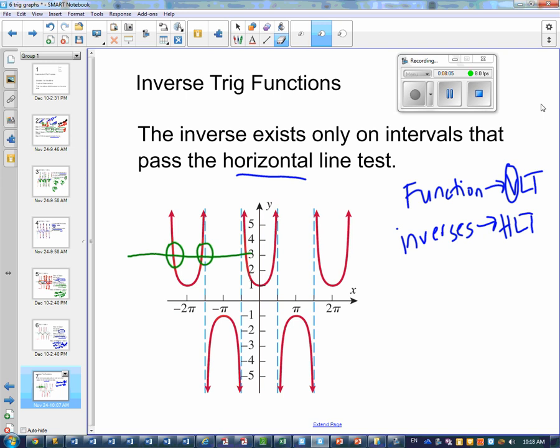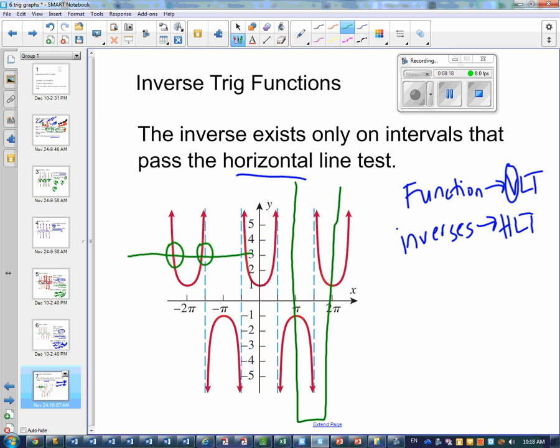So what you're going to do is create an interval that passes the horizontal line test. So for example here, I can go from pi to 2 pi. If you focus just on this green box, you'll see that every horizontal line I draw in the green box passes the horizontal line test.